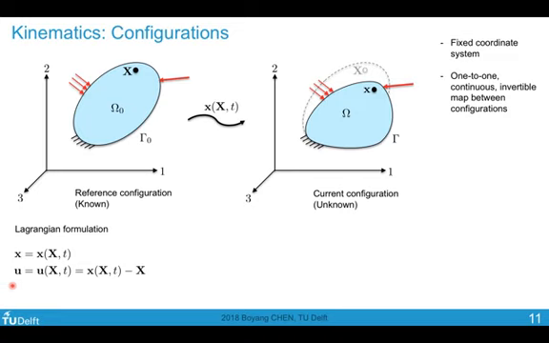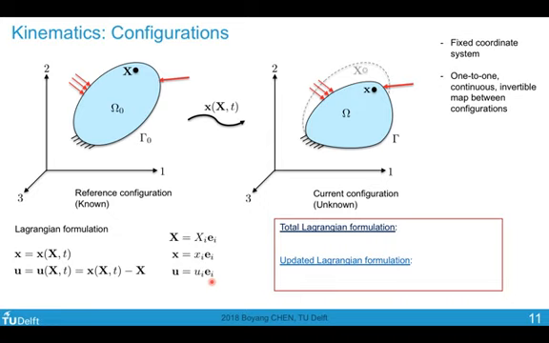Similarly, because we are using a fixed coordinate system, we can simply calculate the displacement as small x minus capital X. And this displacement function is also a function of capital X, which is the coordinate of the material point in the reference configuration, and also a function of time. And we can write these quantities in indicial notation, and note that because we have a fixed coordinate system, these unit vectors are the same.